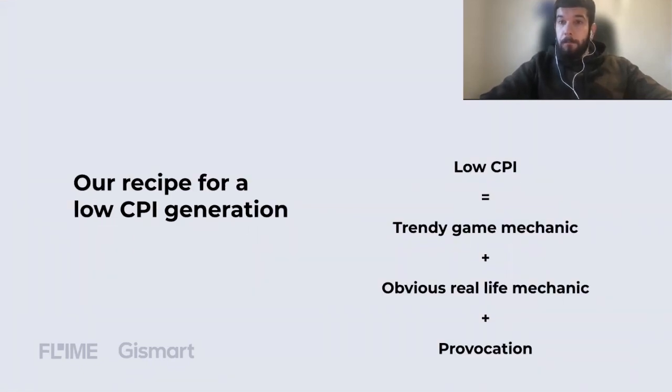Looking back, we can talk about a recipe for how to generate low CPI. First of all, you should find a trendy game mechanic. It can be done by analyzing top charts.